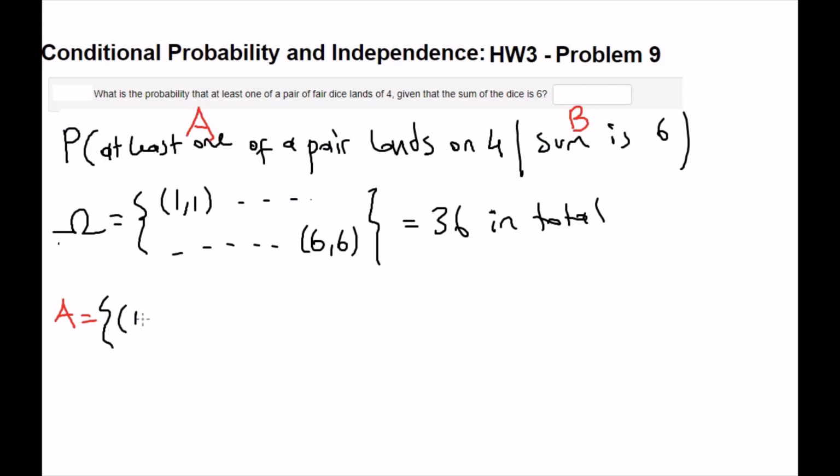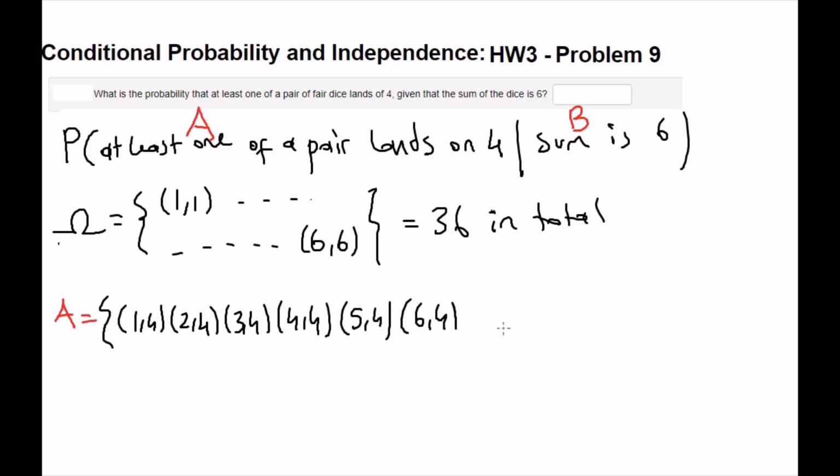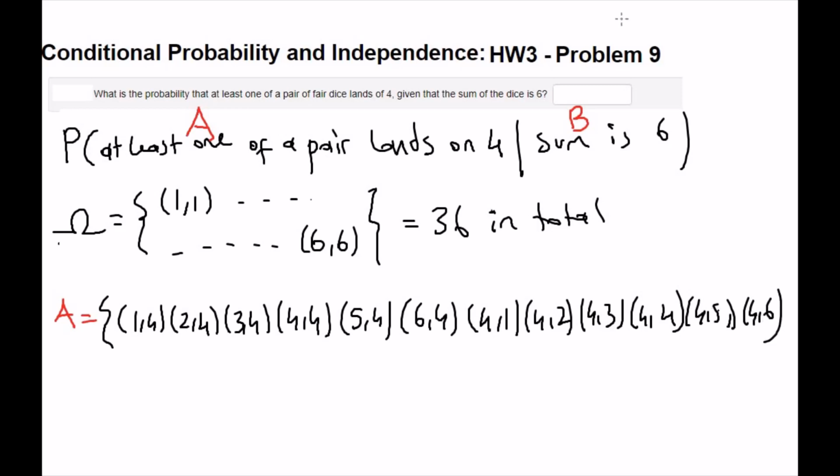So that is 1,4, 2,4, 3,4, 4,4, 5,4, 6,4, or 4,1, 4,2, 4,3, 4,5, and 4,6. We don't need to repeat 4,4, so let's take out the repeated.